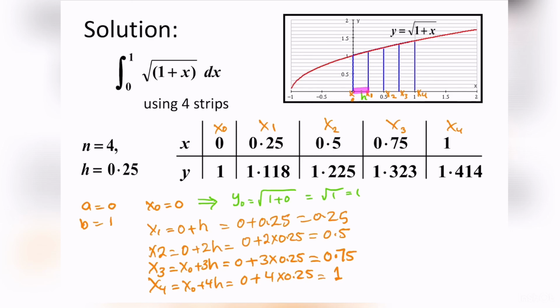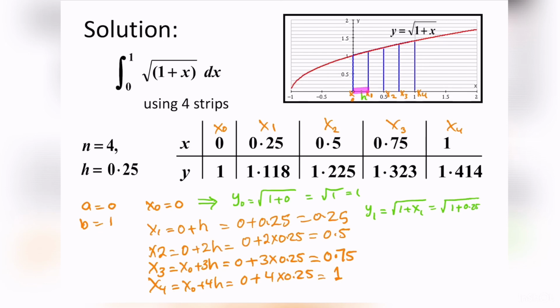So for y1, it's going to be the square root of 1 plus x1, which is the square root of 1 plus, what's x1? We said 0.25. And so it's 1.25 under the square root.